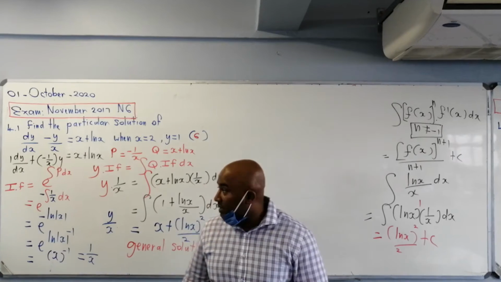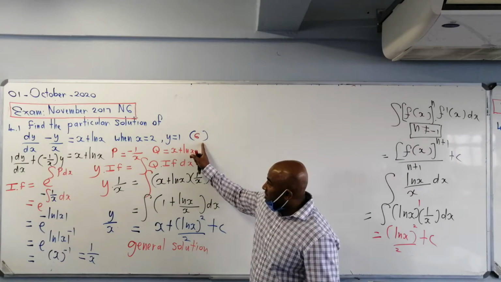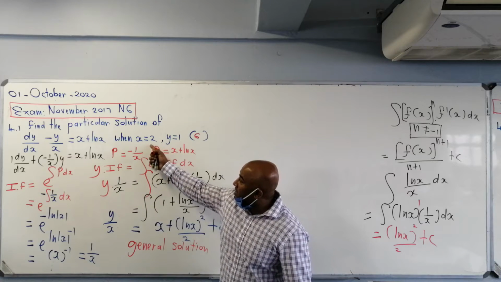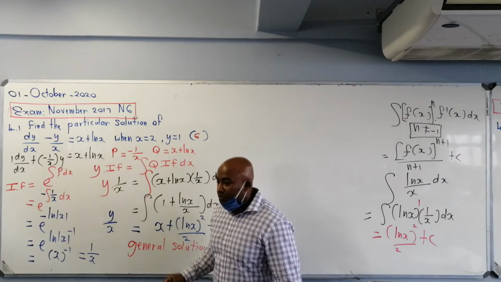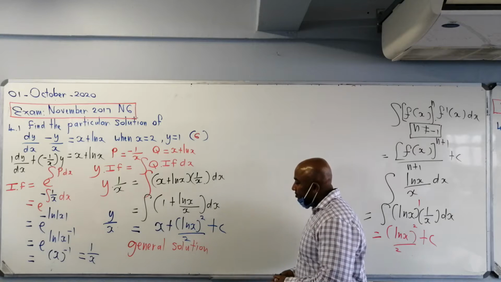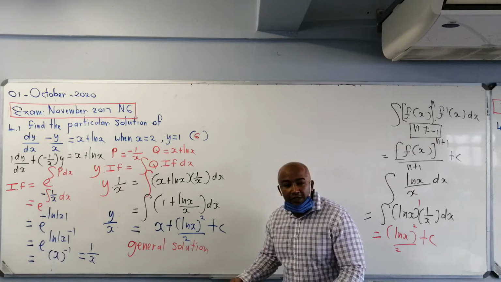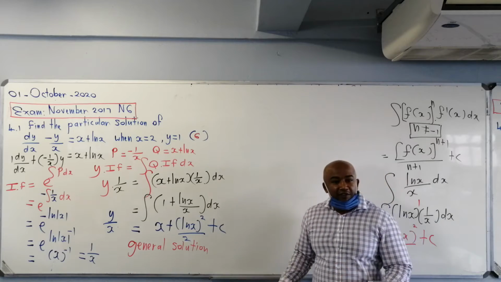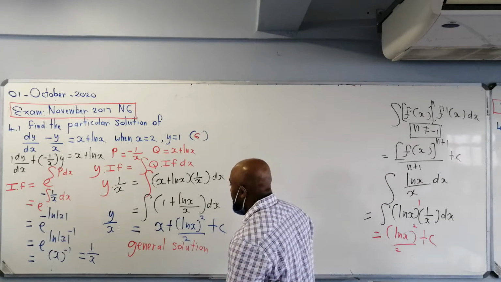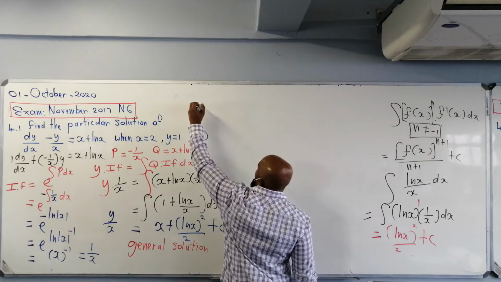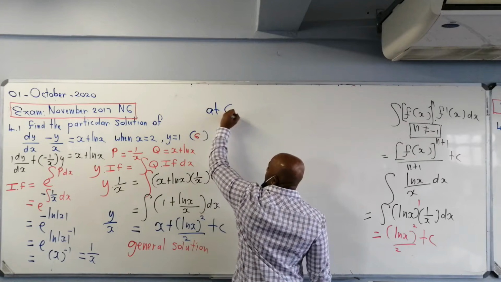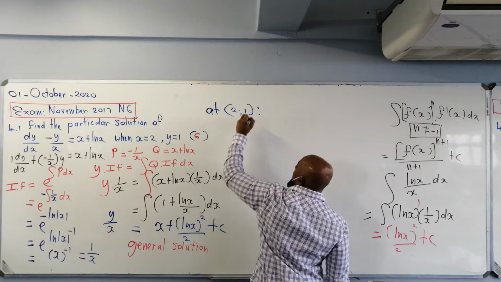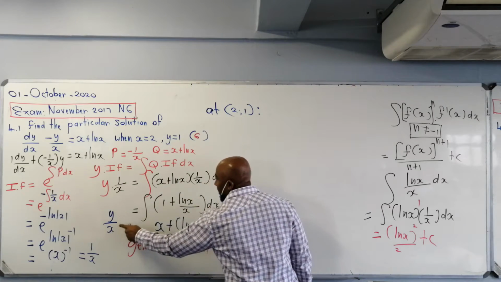Now, for this exam question, for 6 marks, they asked you to find the particular solution when x is equal to 2, y is equal to 1. So all we do is substitute for x and y into the general solution and find the value of c. So at the point where x is equal to 2, y is equal to 1, I'm going to substitute into y over x.